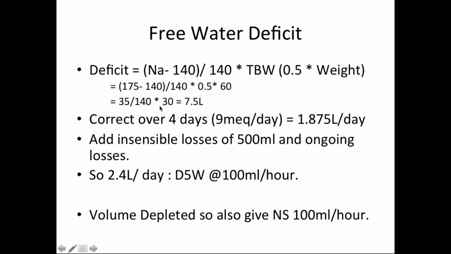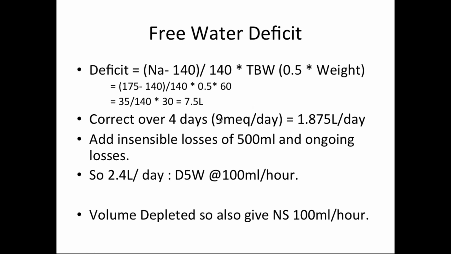So you get 35 by 140 times 30, which is 7.5 liters. His current sodium is 175, and our goal is to correct less than 10 in a day. So we would plan to correct him over 4 days. That would mean that our correction to replace the deficit would be 1.875 liters per day.